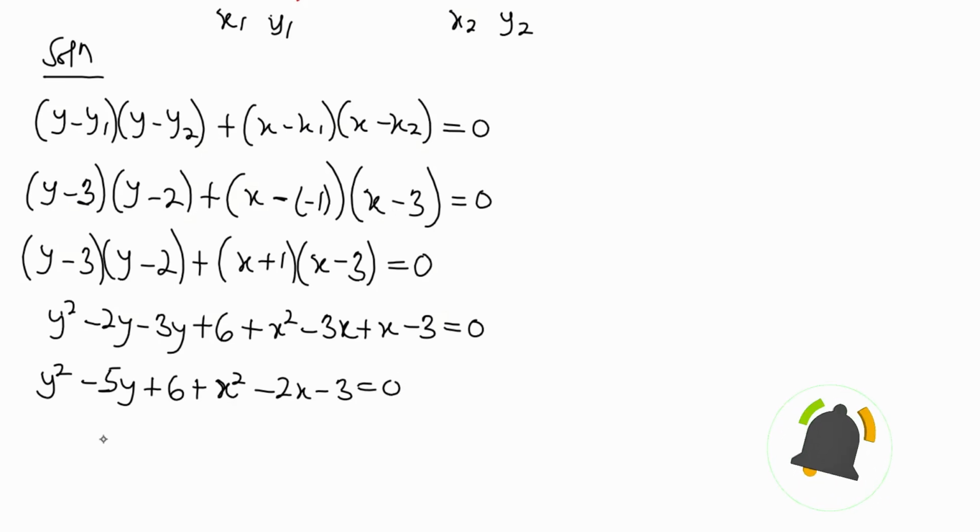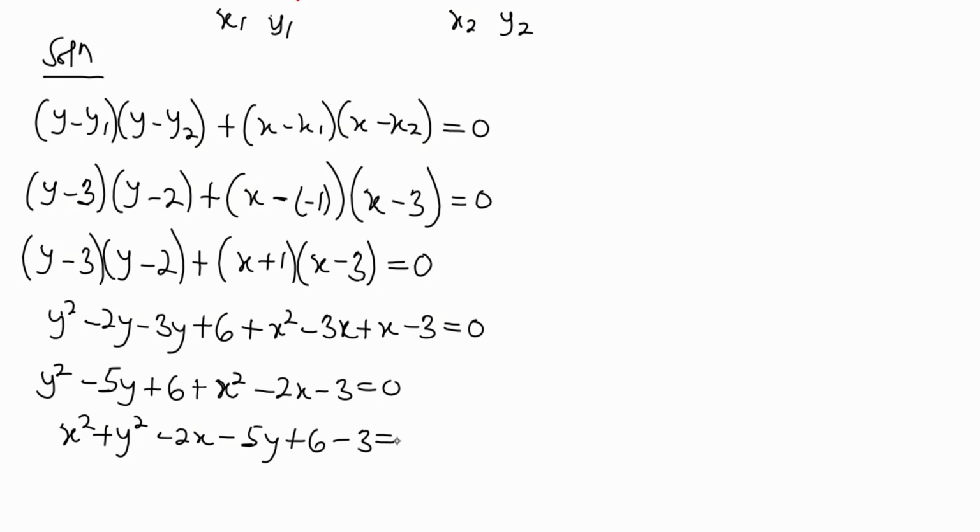So we are going to rearrange just like the equation of a circle, which means that x squared comes first, followed by y squared, and then it follows to minus 2x. Then we add our -5y, and we can see that we have plus 6 minus 3, which is equal to 0.